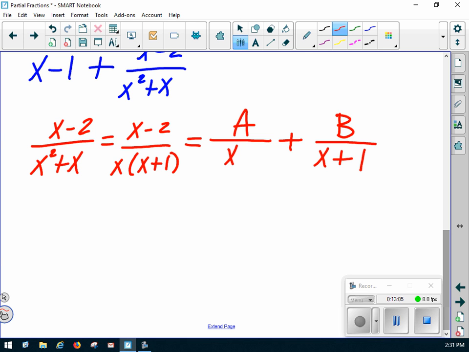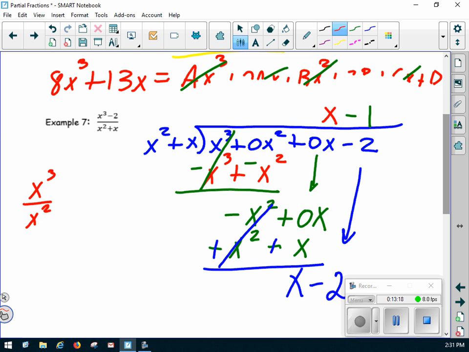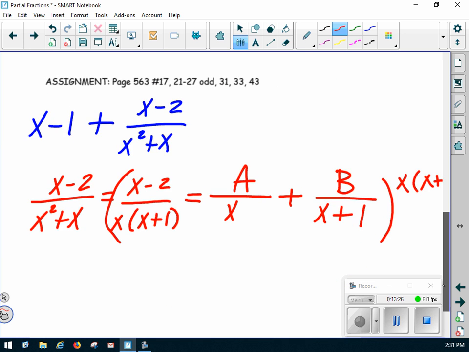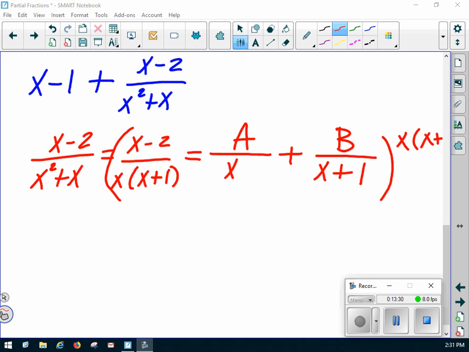Okay, so first you have to do this, and you then multiply it by the common denominator of x plus 1. So then you have a times x plus 1 and b times x.